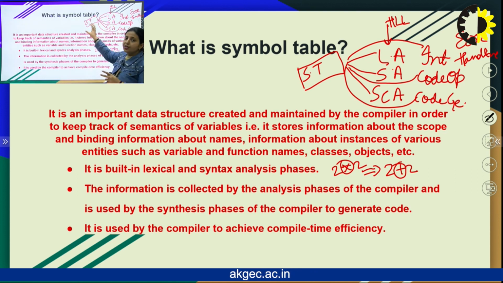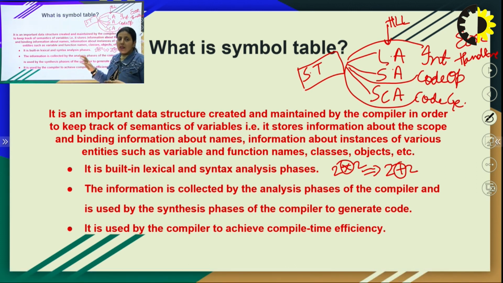The semantic analysis phase just checks the grammar or the rules of all the data that is present in the symbol table. Then the intermediate code generator fetches the information from the symbol table. I will tell in a later slide how all these phases are connected and why all the phases are connected with the symbol table.